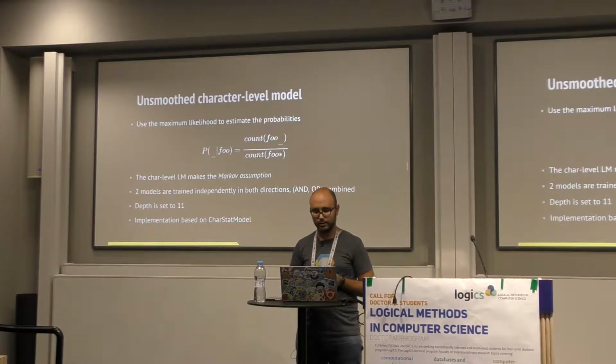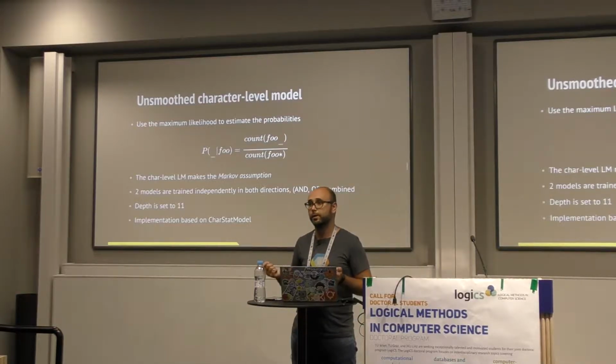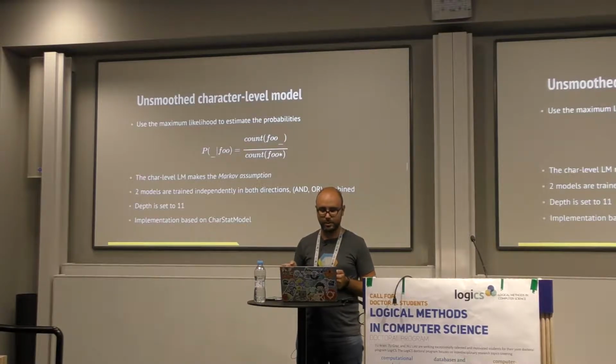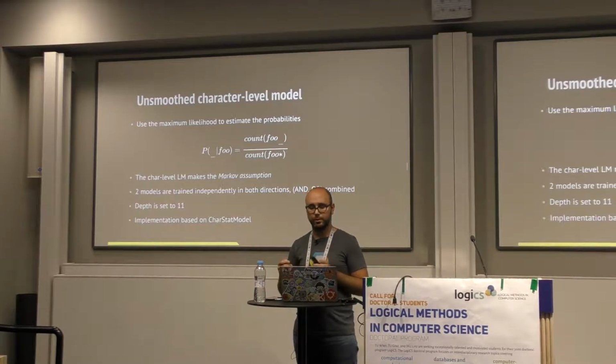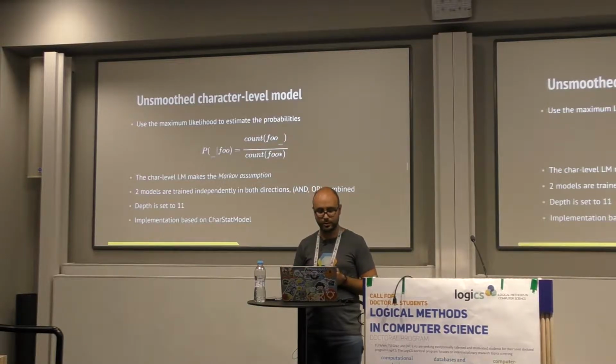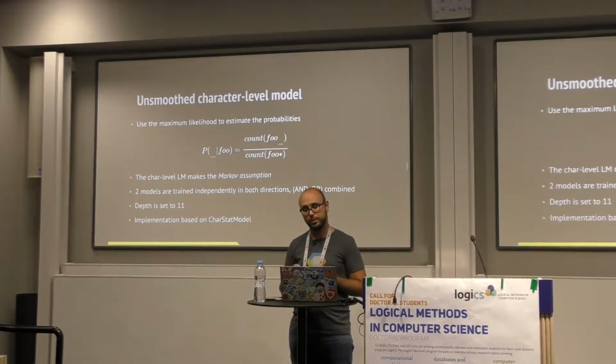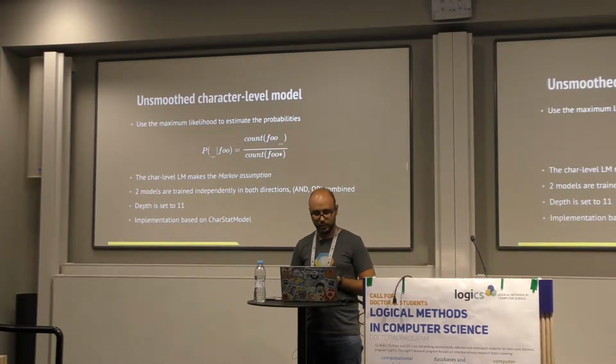We just say that the probability of a split depends on the prefix, and we read the identifier character by character. In our case, we had depth set to 11, and also because it was not smooth, it was rather big, a few gigabytes in size, so we cannot increase the depth. I guess if we would make it smooth, we could increase the depth.